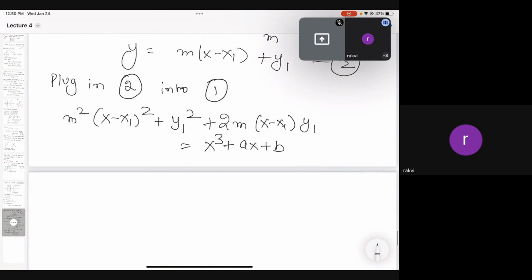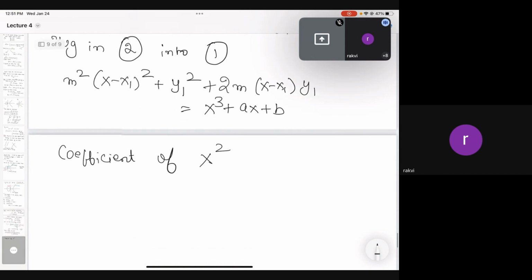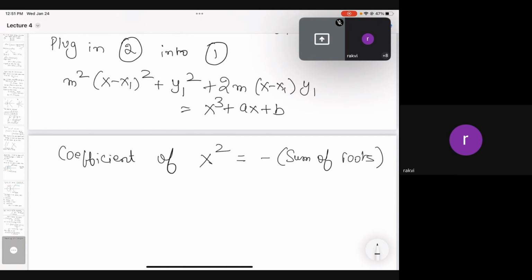And so I already know two roots for this, right? x1 and x2. I want to find out the third point of intersection. So I want to find out the third root of this. So a quick recap about polynomials, how polynomials work. If we take the coefficient of x squared, it is basically the negative of the sum of roots, right?